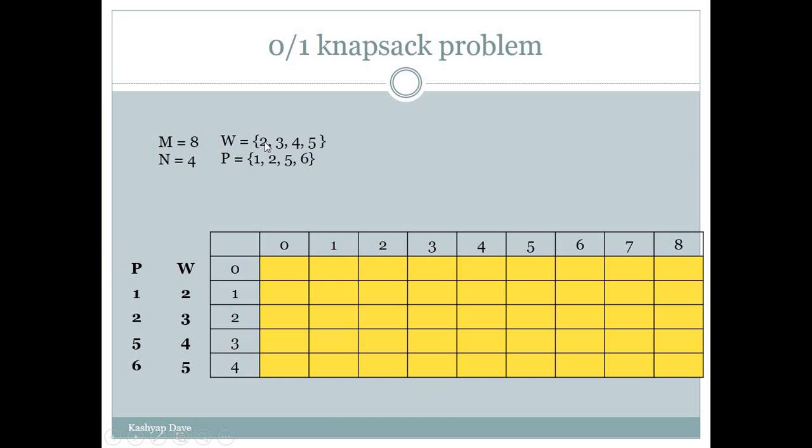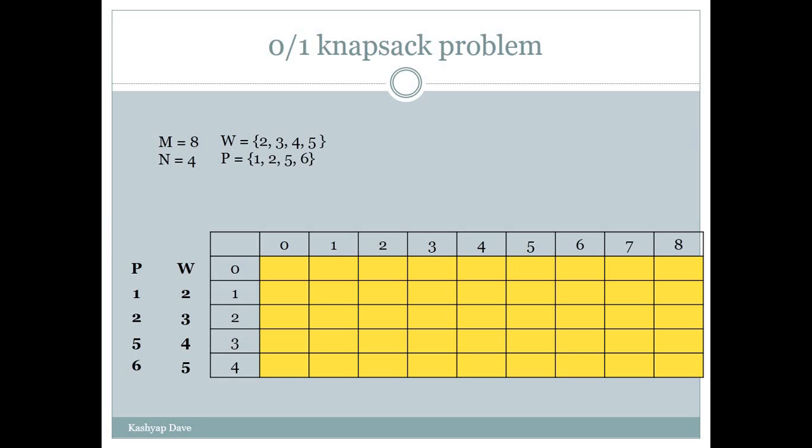We will have 4 items respectively. One item will have weight 2, the second item weight 3, the third item weight 4, and the last item weight 5.